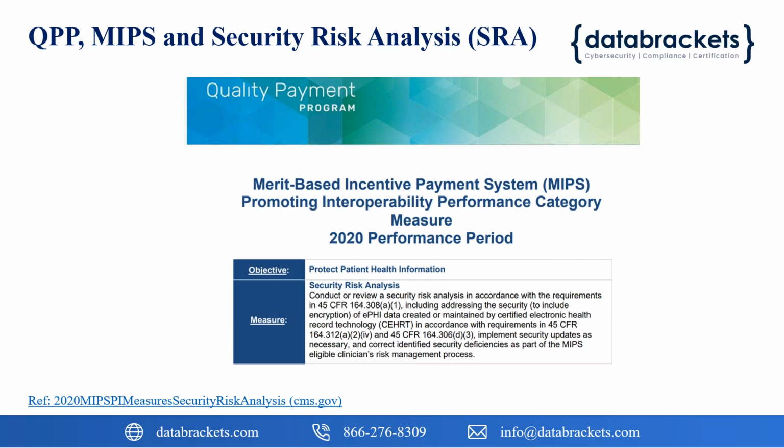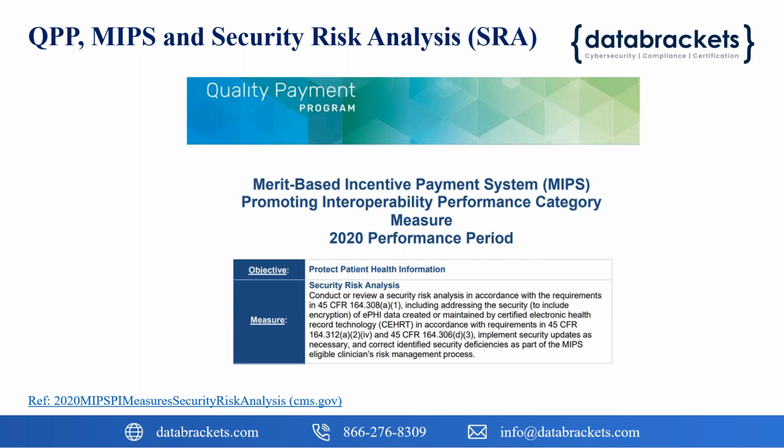What they have done is, as part of this MIPS program, they have created a specific attestation process. Attestation, essentially, is you saying, as an entity who's receiving money or incentive, that you have completed that specifically. For the HIPAA requirement, there is no attestation per se.